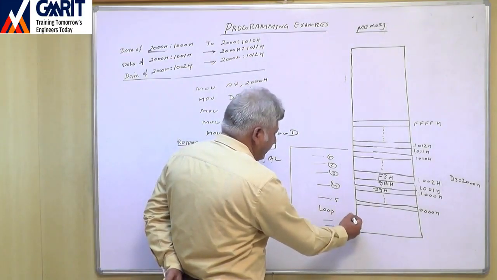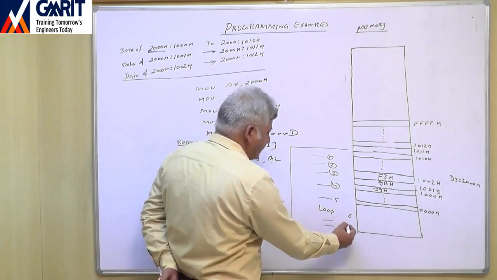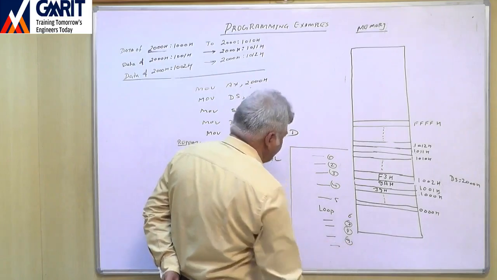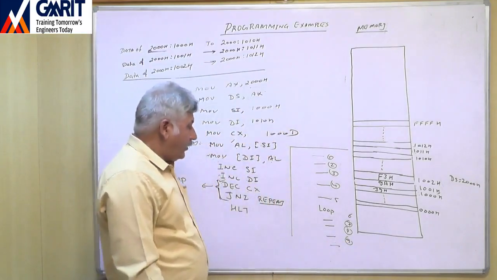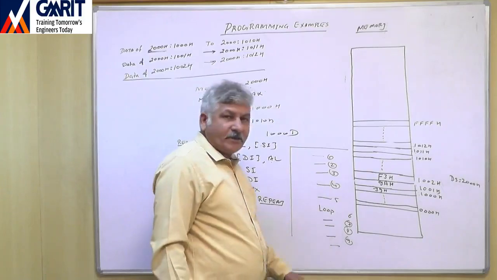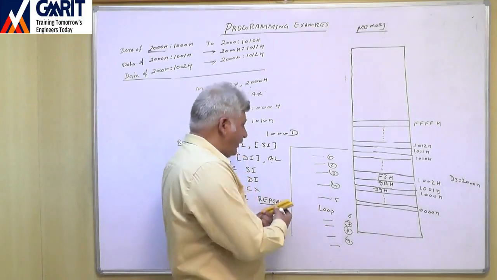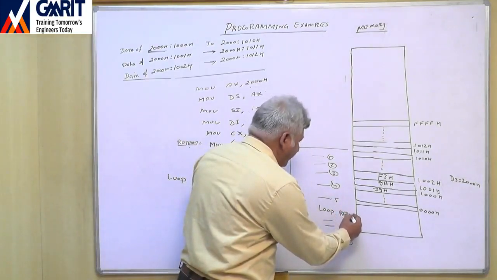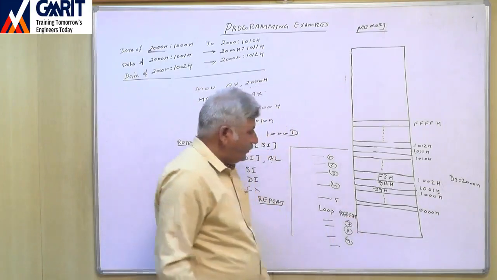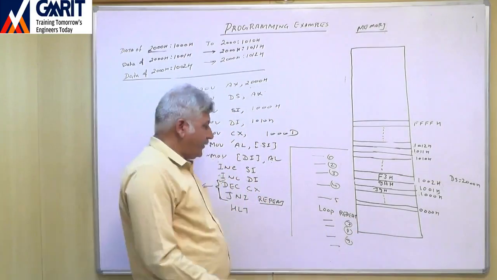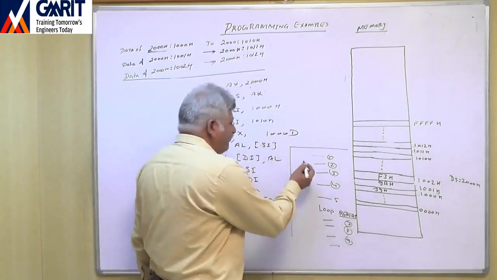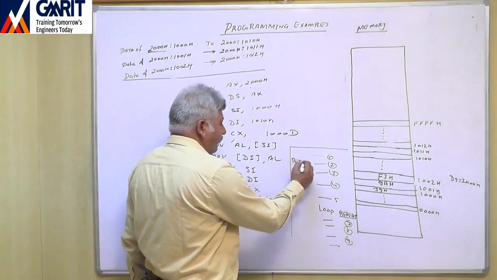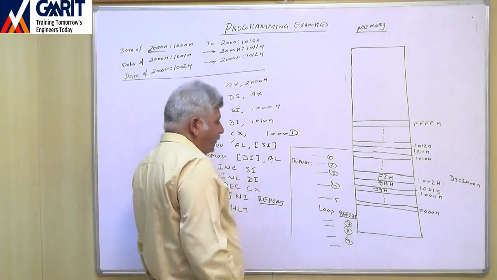So loop is the sixth instruction we have written, then instruction number 7, 8, 9, again many instructions. Now with the loop instruction we have to use one label. So here suppose I have written loop repeat, and this repeat label I have written in front of instruction number 2. Now what will happen?